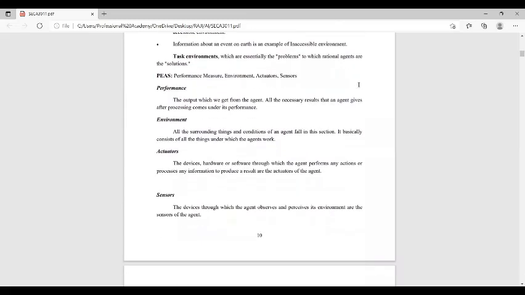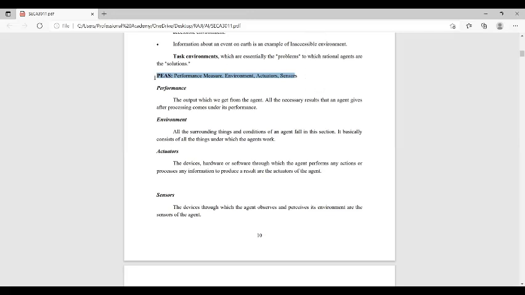The next topic is task environment, which is essentially the problems to which rational agents are the solutions. So a task environment is nothing but a problem, whereas rational agents are the solution for those task environments. So there is a PEAS form for an agent.